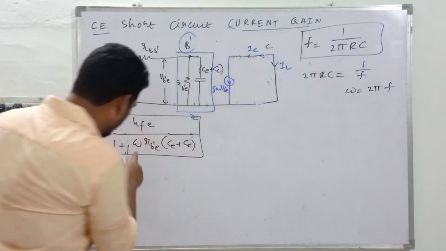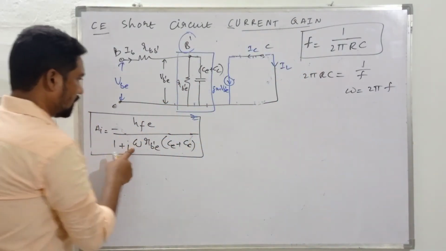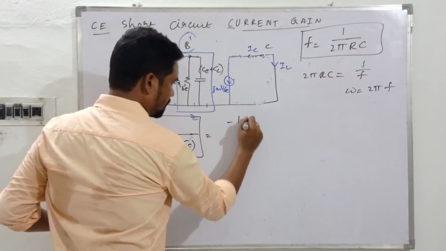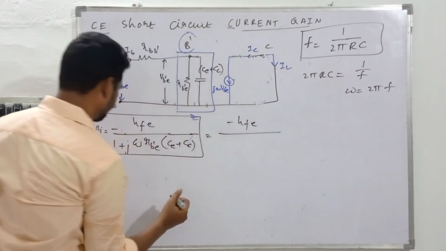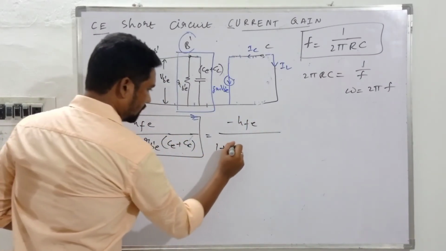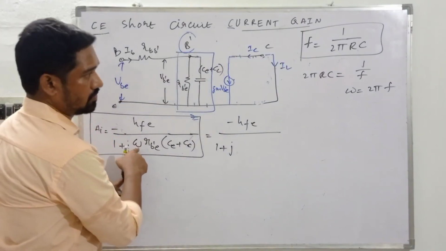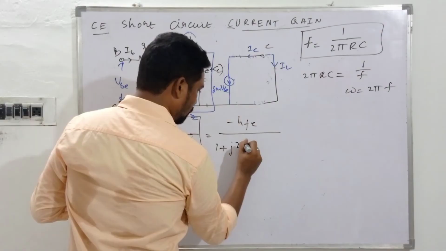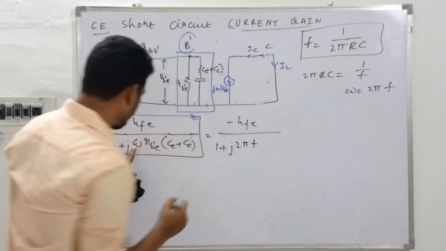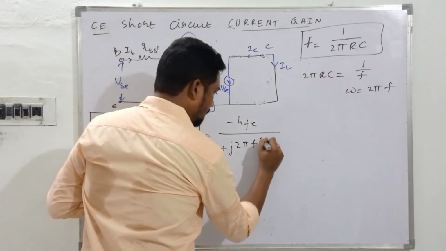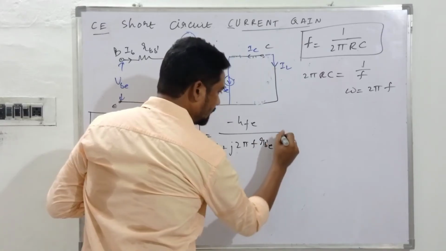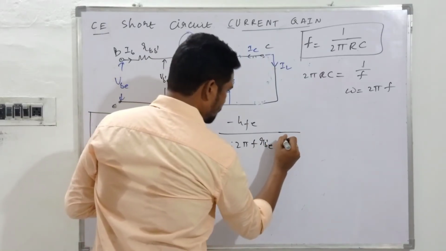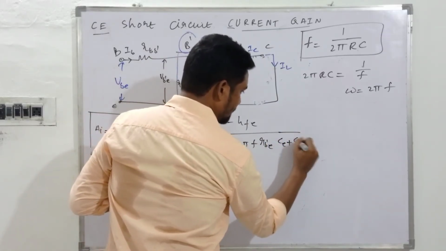So that same value of omega goes over here: minus hFE by 1 plus j, with omega replaced by 2 pi f, into rB'E into (CE plus CC).